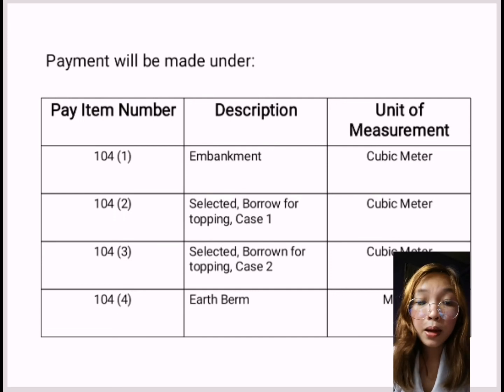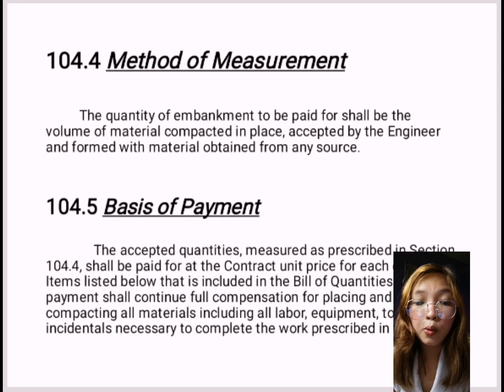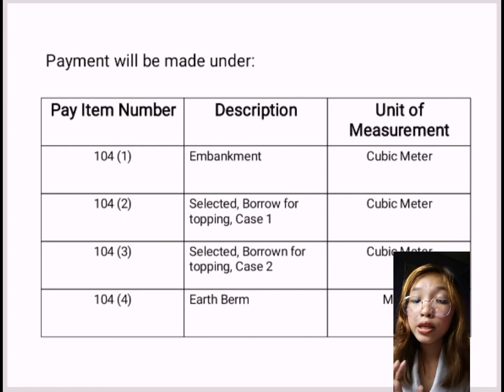While item number 104.3, selected borrow for topping, or the case number 2, the unit of measurement still is cubic meter. And lastly, the item 104.4, or the earth berm, the unit of measurement is meter.